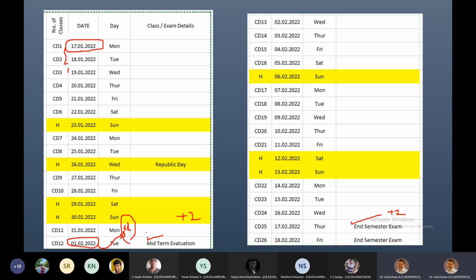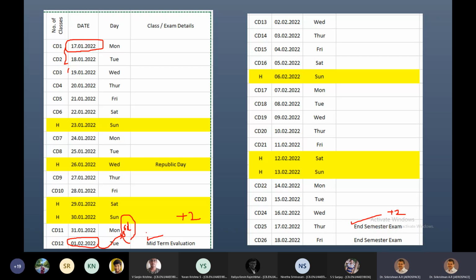I'll get back to you on this. That's when the midterm evaluation is going to be. The evaluation, as I mentioned, is the online test followed by viva. And then the end semester examination as per the schedule is to be on 17th of February, but I would expect that it will be on 19th because of this 2-day shift. So this is as of now the schedule for midterm and end semester.